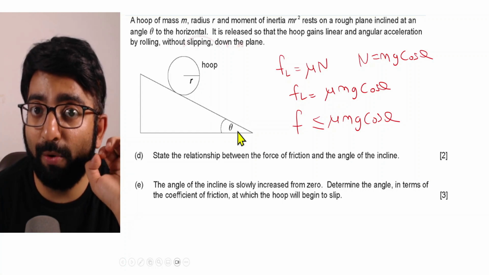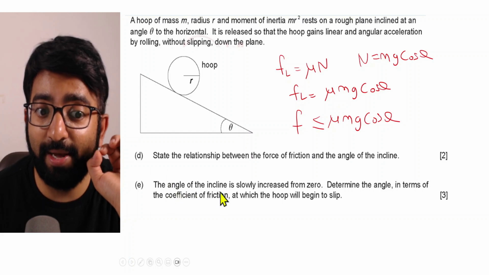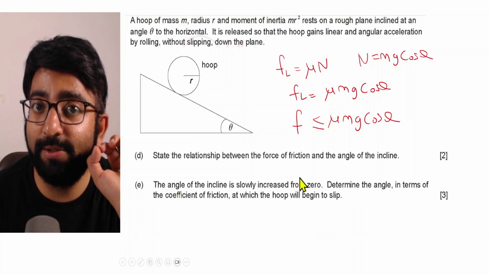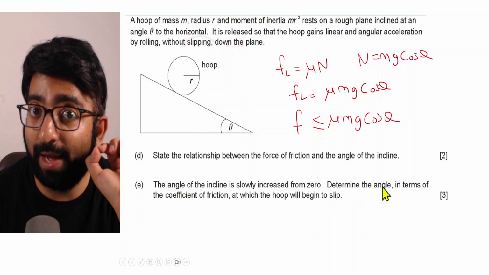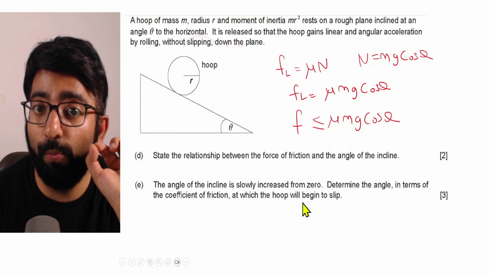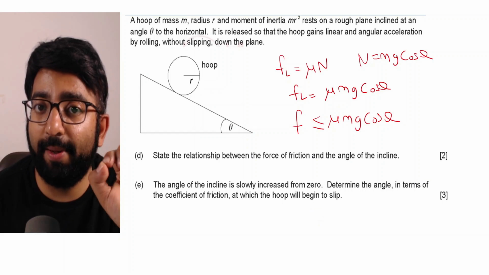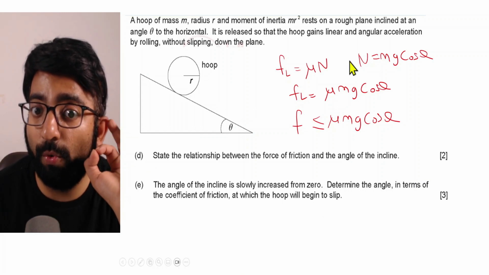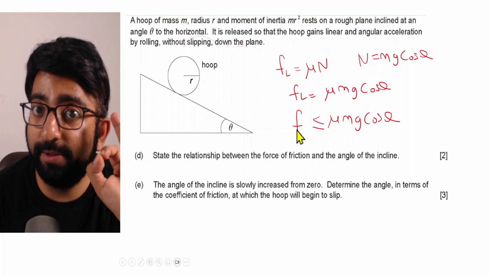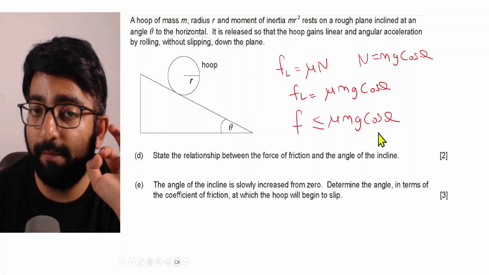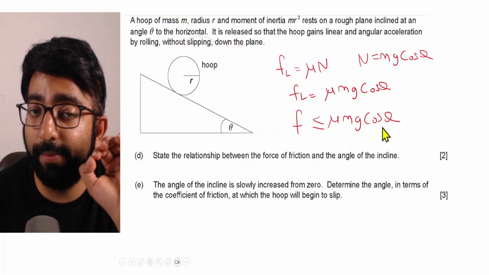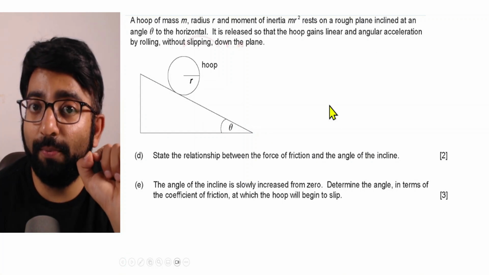We are going to discuss that in part E, where they say the angle of the incline is slowly increased from 0, and we need to find that angle of the incline when the hoop begins to slip, which means the friction is not enough to prevent slipping. Coming to part D, this was approach 1 where we have written friction is less than or equal to the maximum value, and maximum value is mu mg cos theta. So that was approach 1.